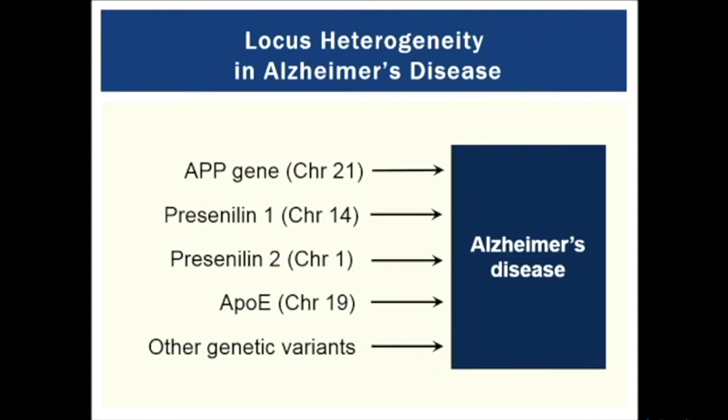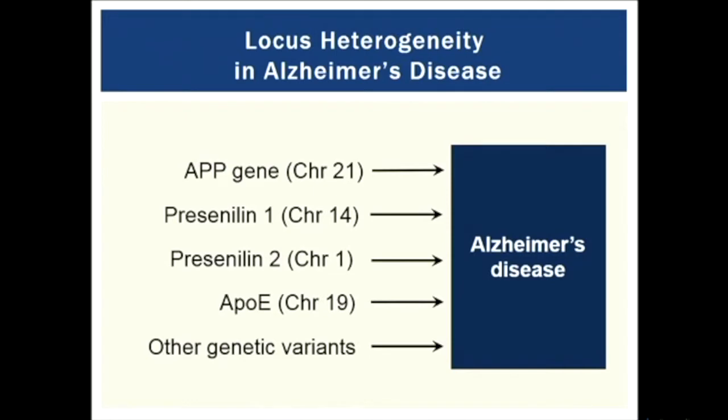ApoE is a gene on chromosome 19 with 3 common alleles in the population, epsilon 2, 3, and 4. Individuals who have 1 or 2 copies of the epsilon 4 allele are at increased risk of developing Alzheimer's disease. So that's a very different type of mechanism.